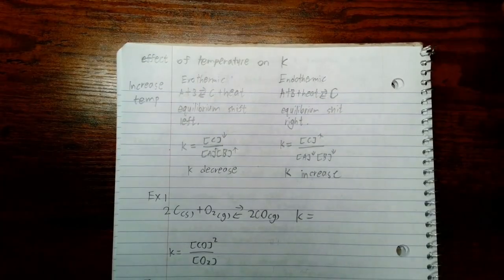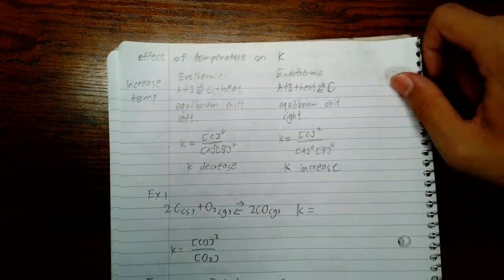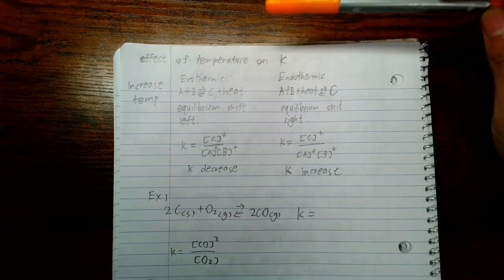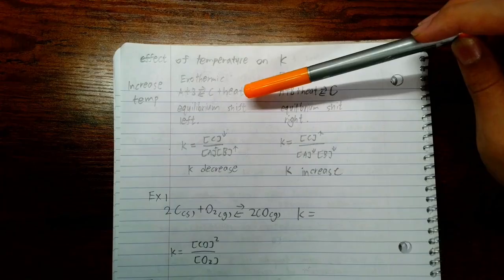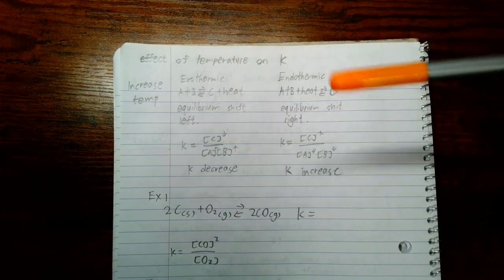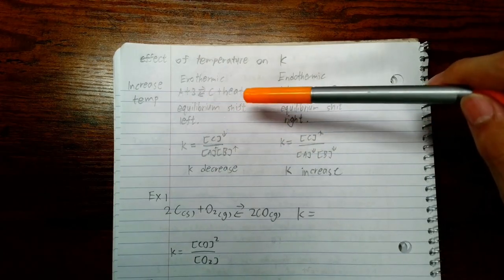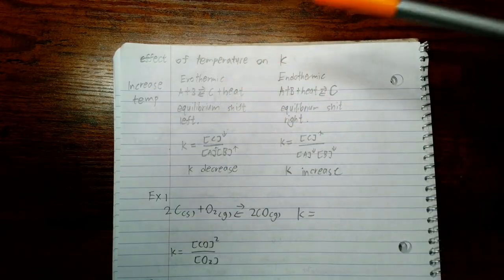Let's talk about how temperature affects the equilibrium constant K. It depends on whether the reaction is exothermic or endothermic. For the exothermic reaction, you can see that the heat is over here. By applying what we learned 10 minutes ago, we know that the equilibrium will shift to the left if the temperature is increased, to use up this excess heat.